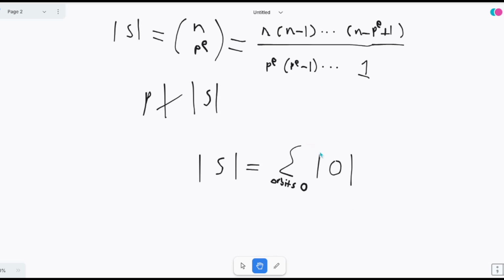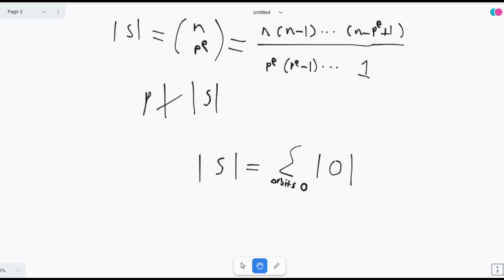And so it can't be the case that the sizes of all these orbits are divisible by P, because then P would divide the cardinality of S, which it doesn't.